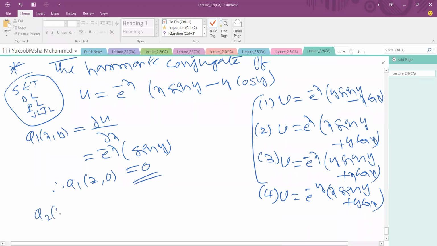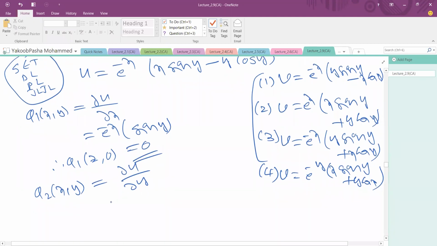And φ2 of (x, y) is equal to ∂u/∂y. Given a real part, that's why we are taking it like this. So this is equal to, with respect to y differentiation, e power minus x constant, sin y differentiation is cos y, x cos y minus, we can use the uv method.